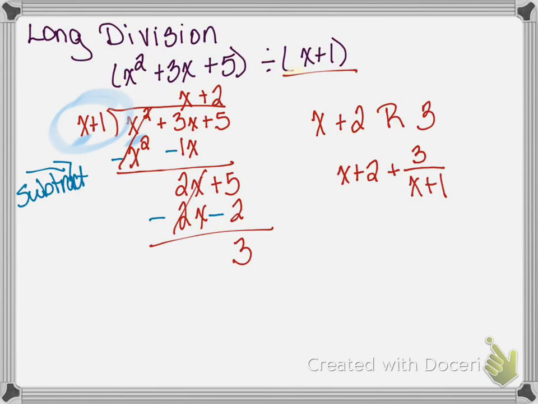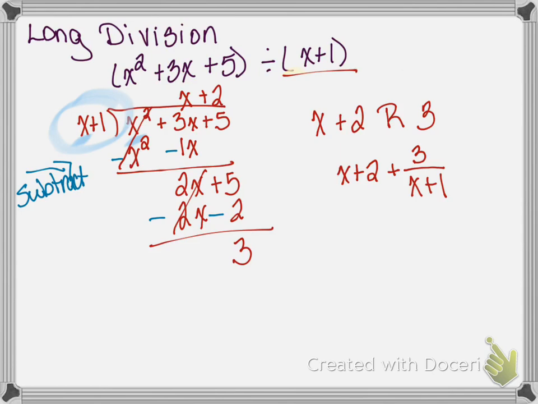Now, let's talk a little bit about what it means to get a remainder. Okay? In my first problem, my 4th or 5th grade division problem, if I had not gotten a remainder, if I had gotten 0, what would that have meant? That it goes into that number how?